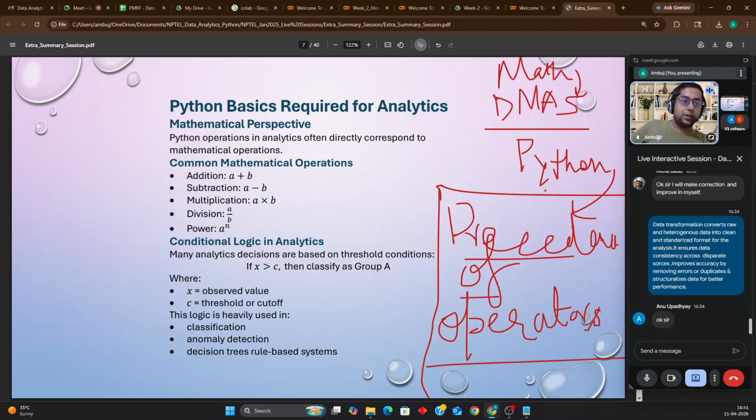In Python, it is precedence of operators. What is precedence of operators? You just try to research about it. Suppose a question is this: z is 5 plus 3 minus 5 multiplied by 5.